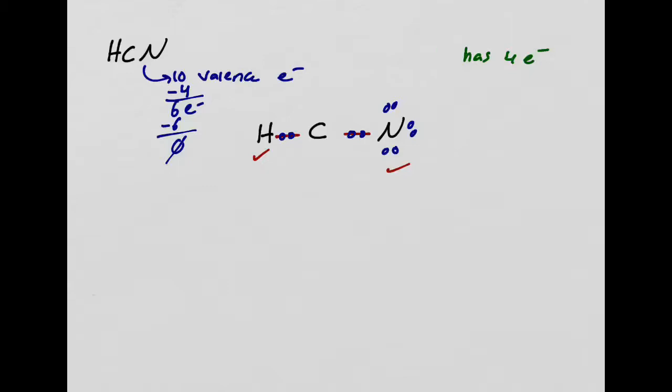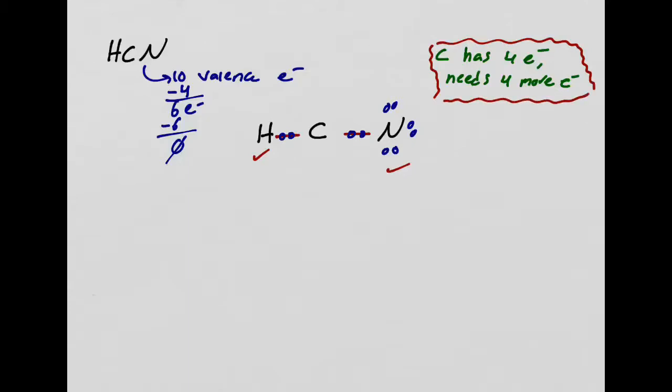This is what happens when I make a video too early in the morning. I'm not up yet. So carbon has 4 electrons. How many more does it need? It needs 4 more electrons. You guys are following me so far? Okay. Now, if you need 4 more electrons, how many bonds is that?